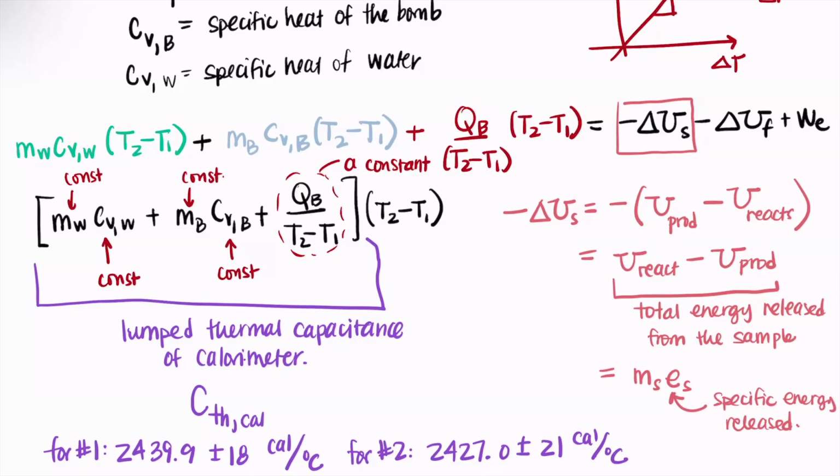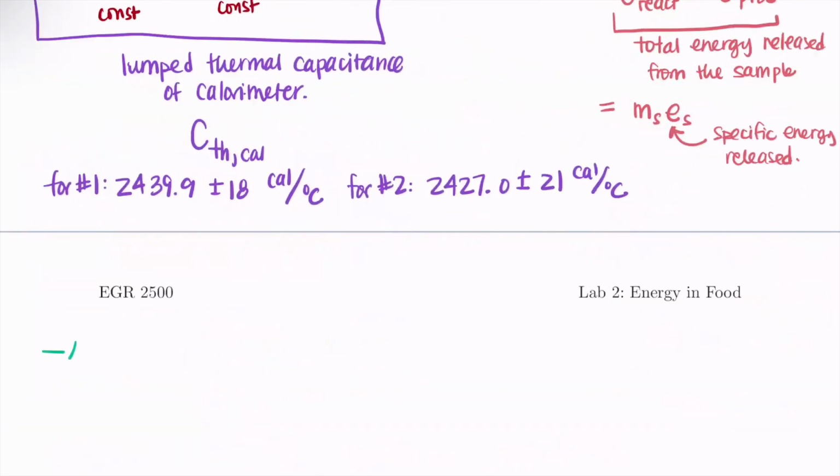In a similar way, we can rewrite delta UF. So minus delta UF is equal to the internal energy of the reactant minus the internal energy of the product.